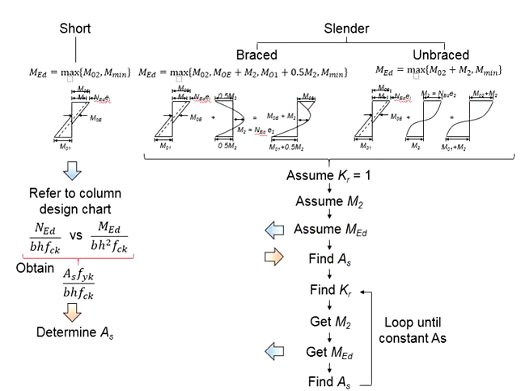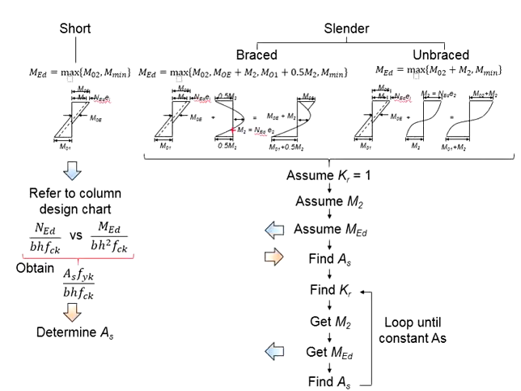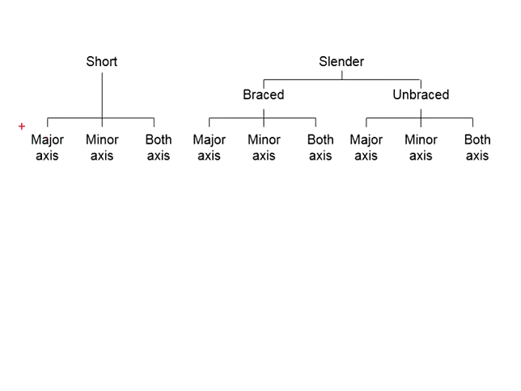Having this sorted out, the design of columns does not seem to be complicated, although there are so many categories of columns. It comes down to only 2 rules: the process to get the MED, and the dimensions that you are referring to from the column's cross-section.